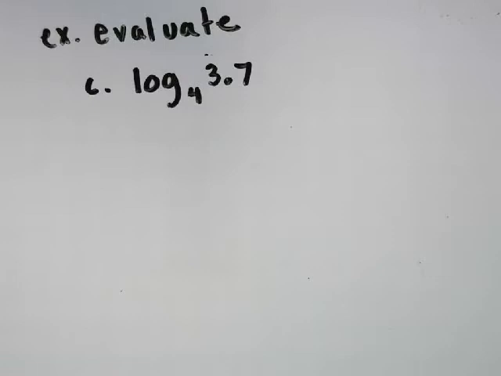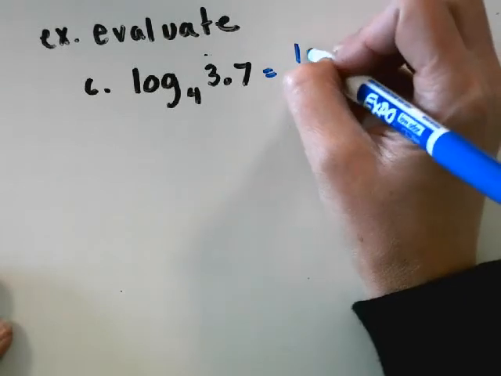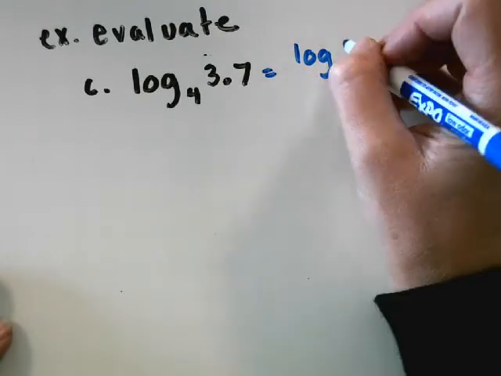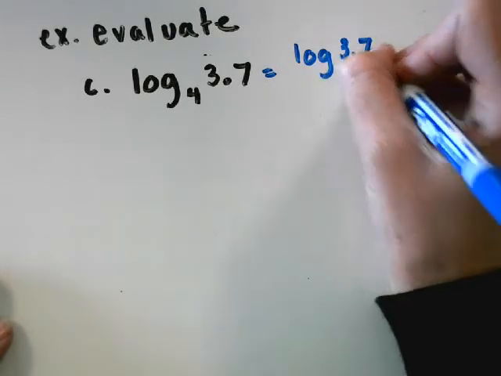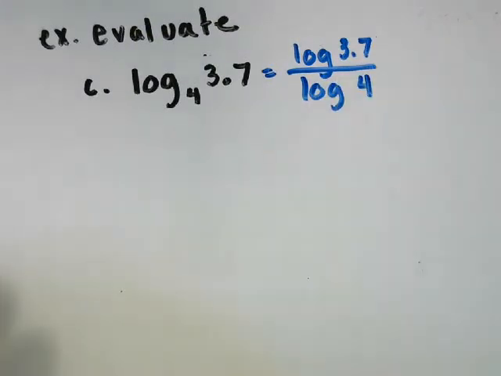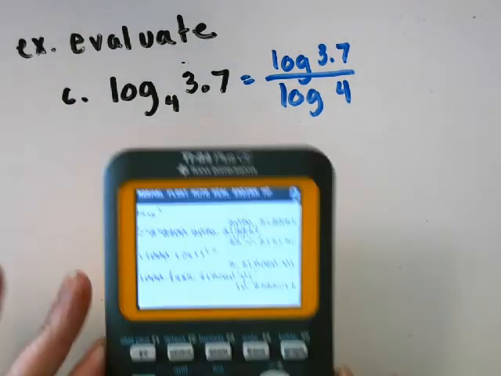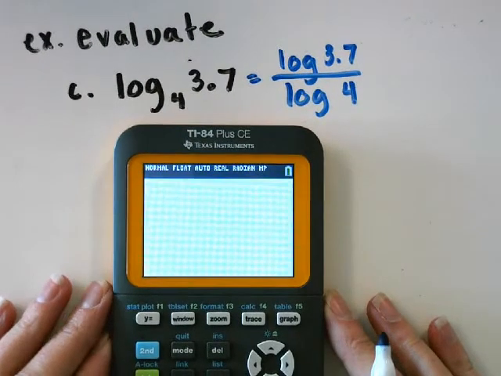Last one, log base 4 of 3.7. So 4 to what power equals 3.7? Well, we don't know that. But what I can do is rewrite this using the change of base. On the calculator, we have log and we have natural log. So I can rewrite this as log 3.7 over log 4, or we can use natural log.